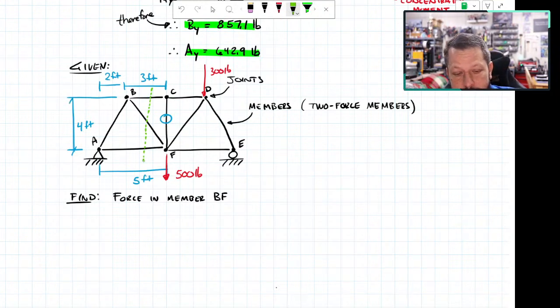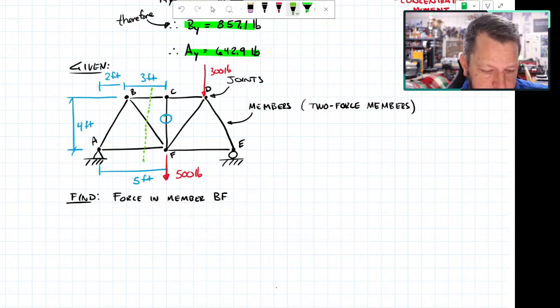I could just jump straight into what I want to do. In this case, no matter which section I look at, section AB, there's the pin over there, so there's a reaction I have to solve. Or section CDEF, there's the roller over there, so I have to solve for that reaction. So in this case, I do have to solve for external reactions first.